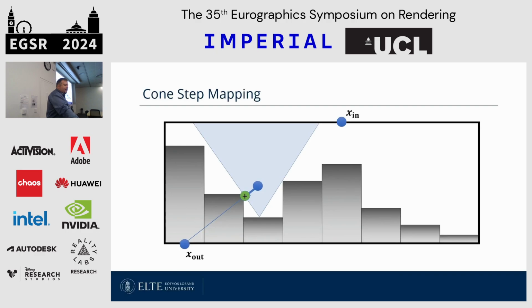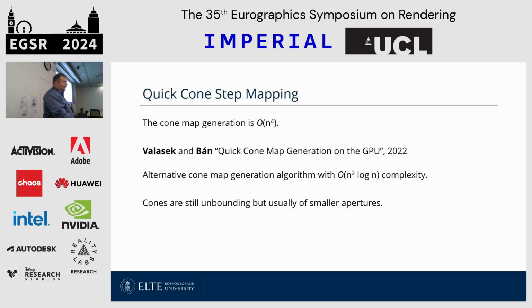This is a very nice method, and we were wondering why, at least according to our experience, it's not widespread. But we have some educated guesses. For example, the generation of the cone map is extremely complex and takes some time.